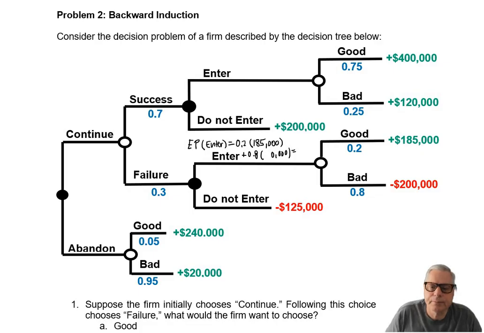So 0.2 times 185,000 plus 0.8 times negative 200,000 equals negative 123,000.